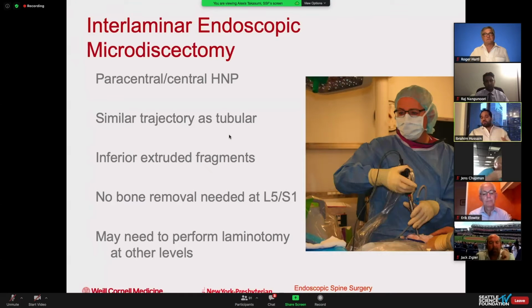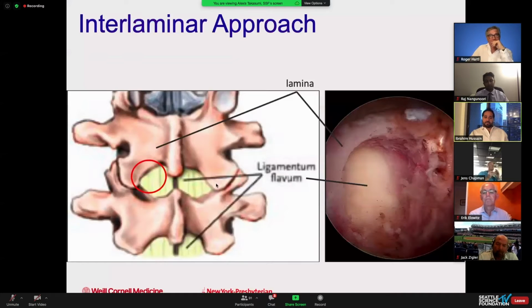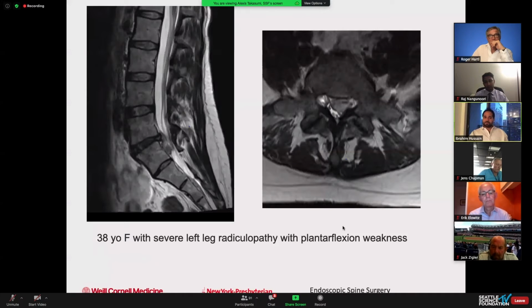However, at more cranial levels, you probably will need to perform some degree of laminotomy in order to access the ligament safely. Here's an example again. The red circle shows where the docking area is. And here's an example of a level where we performed a very small laminotomy in order to expose the ligamentum flavum. Through this corridor, you can get all of your work done.